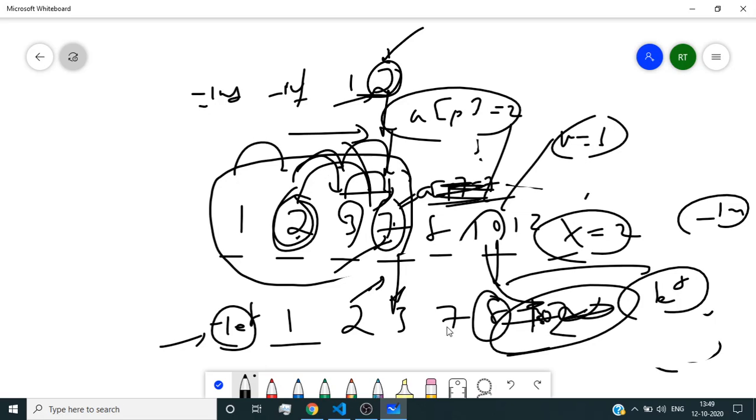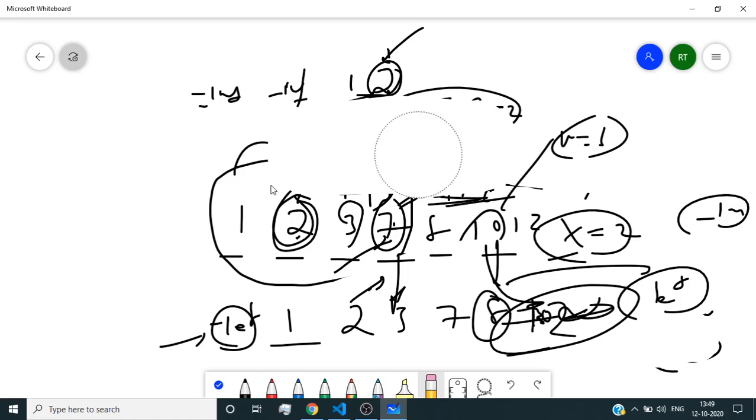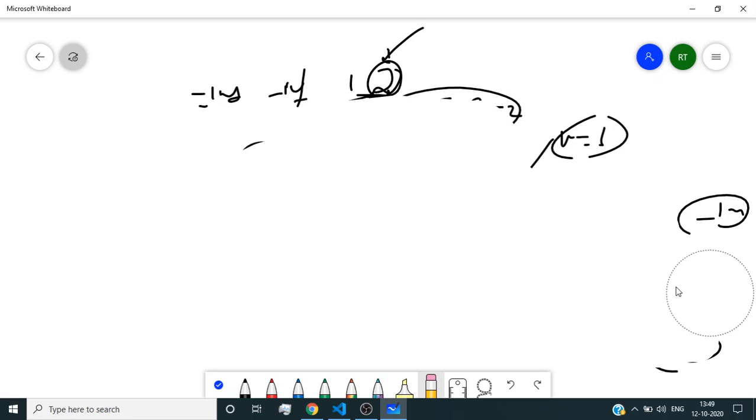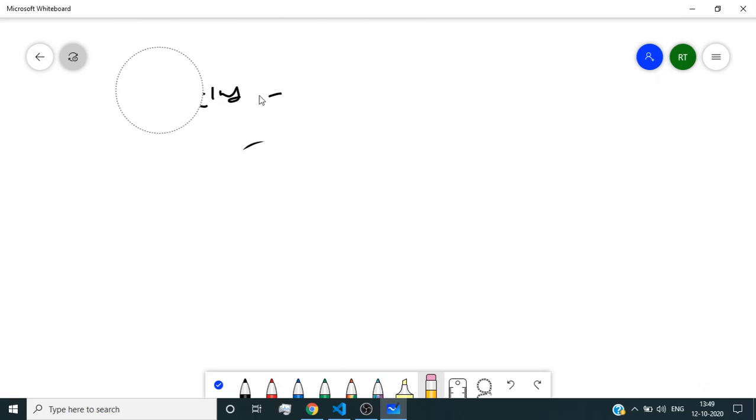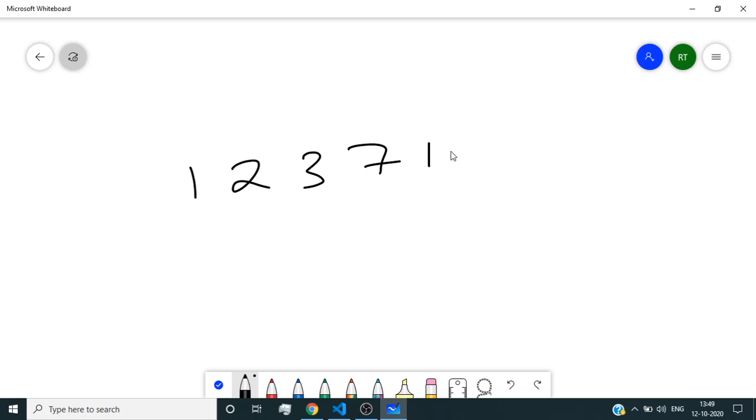Let's see how we are going to calculate this. 1 2 3 7 10 12 and 8. Let's take another example so it will be more clear. Let's consider an element which is not currently in the array. Let's say we have to make x equal to 4.